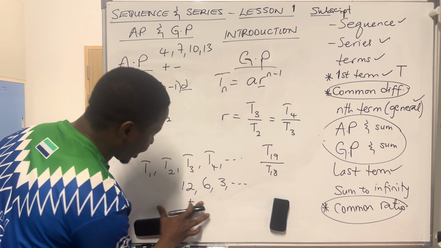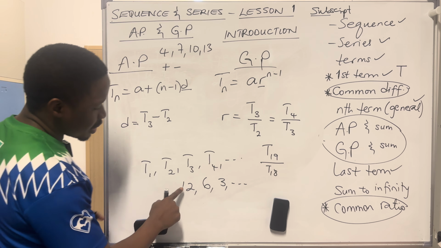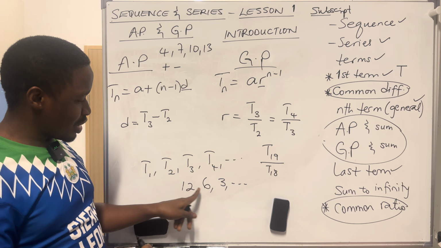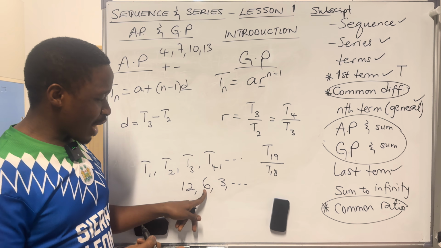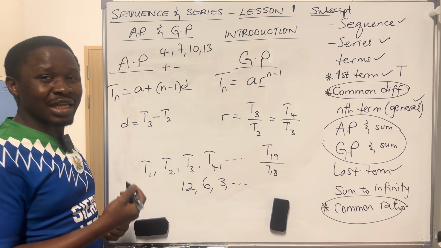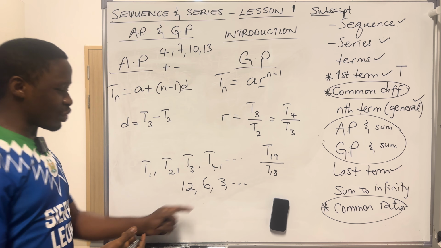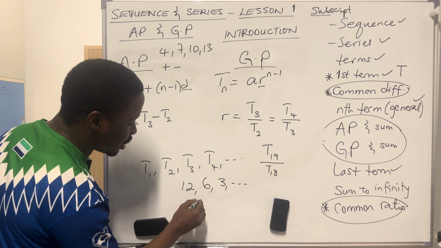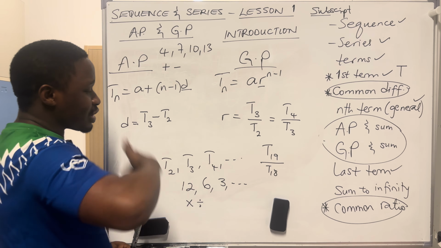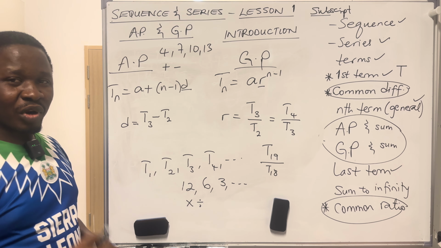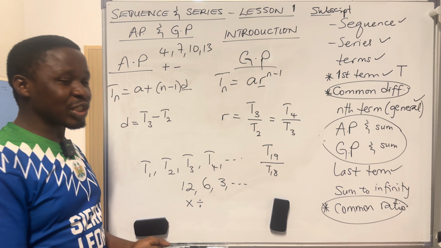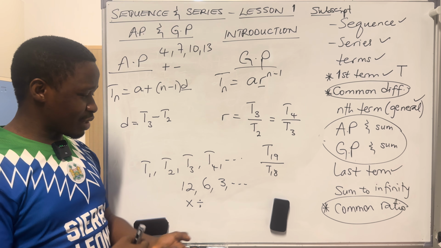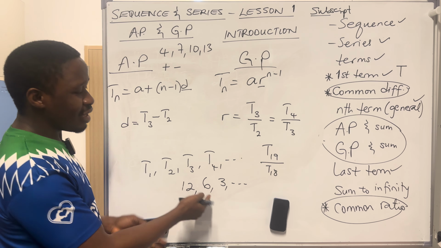Let's try for multiplication or division. What do we divide 12 by to give us 6? 12 divided by 2 will give us 6. 6 divided by 2, can we get 3? Yes. So there is a constant number you divide by to get the subsequent terms. So if it is done by multiplication or division, but the number you keep multiplying has to be consistent, or the one you divide by has to be consistent, before the sequence is called a GP.